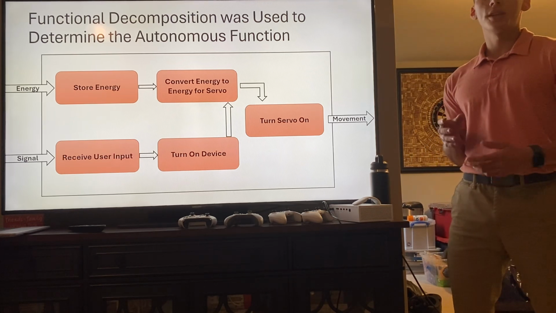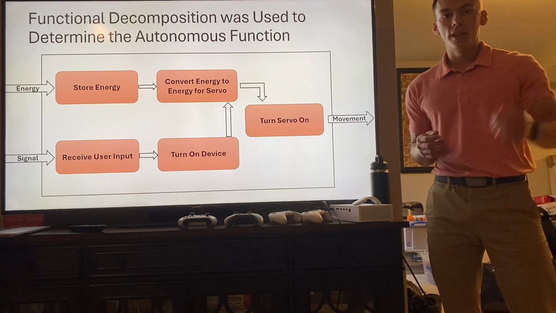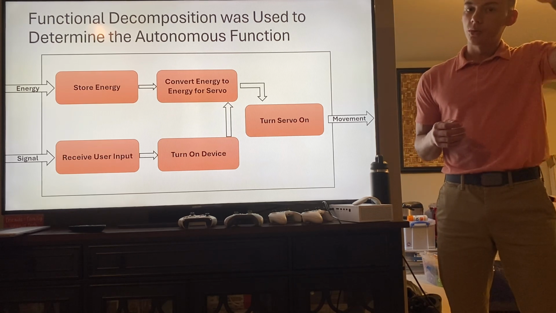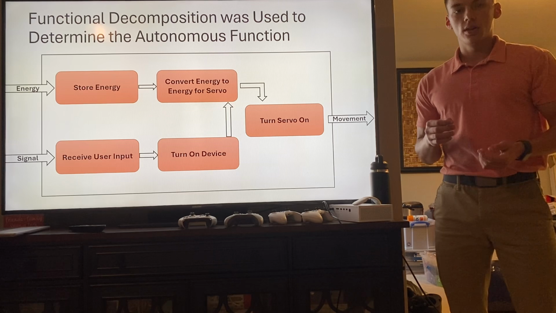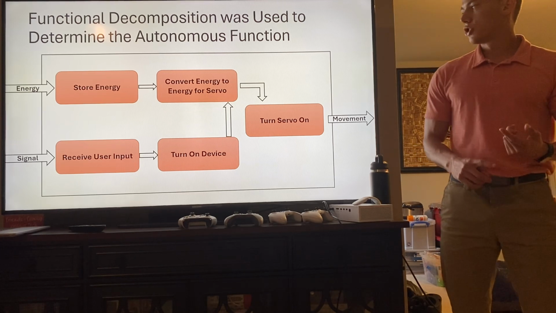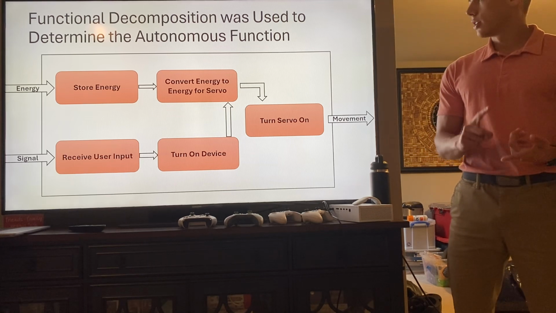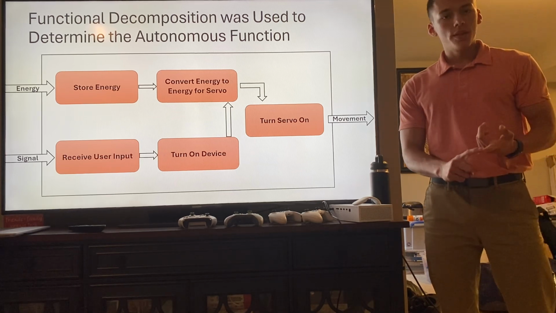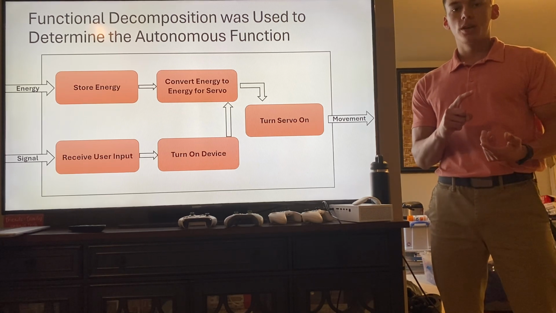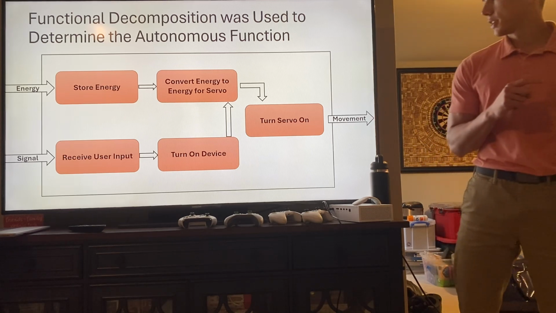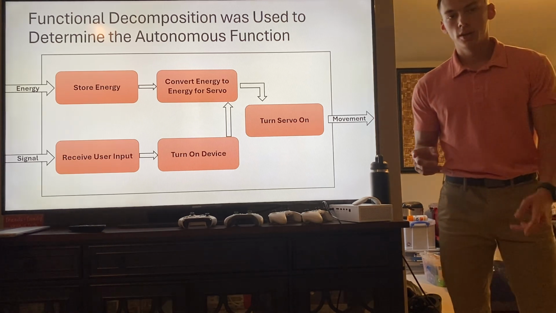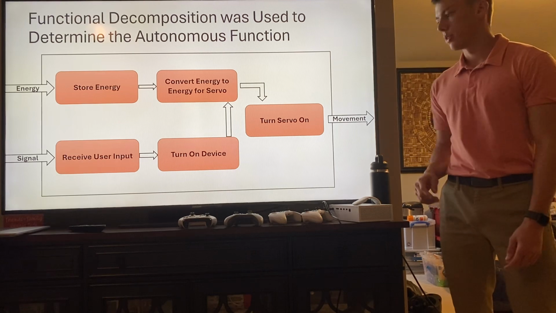And then after that signal is received from the user, it then needs to send a signal to the energy converter, which will convert the energy stored in a battery, then will be pushed to a servo, which will then turn a servo on, which will give us a movement as an output.